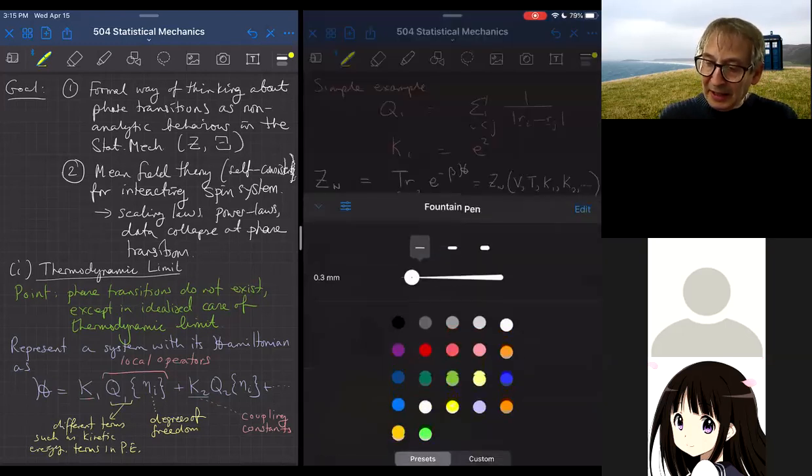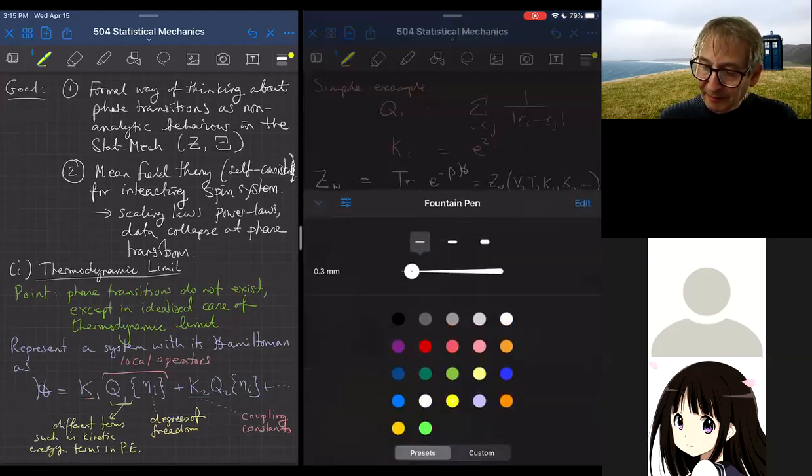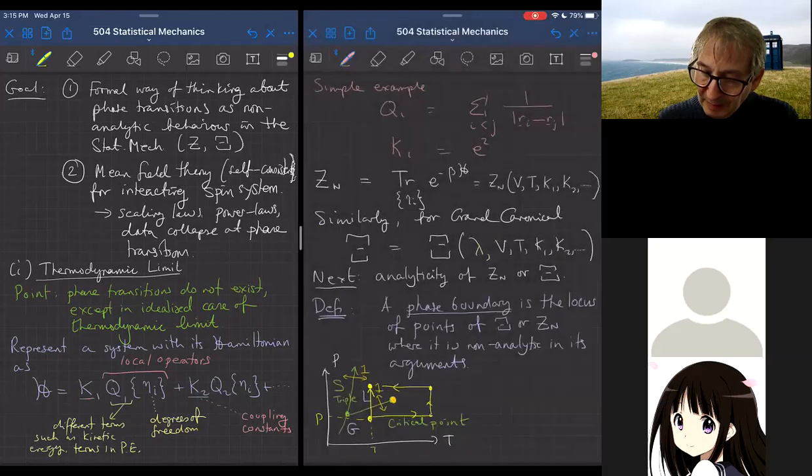So there's two ways to go from point A, let's call this point A, and this point B. So we can go from A to B in two ways. And on the first, we encounter a phase transition.